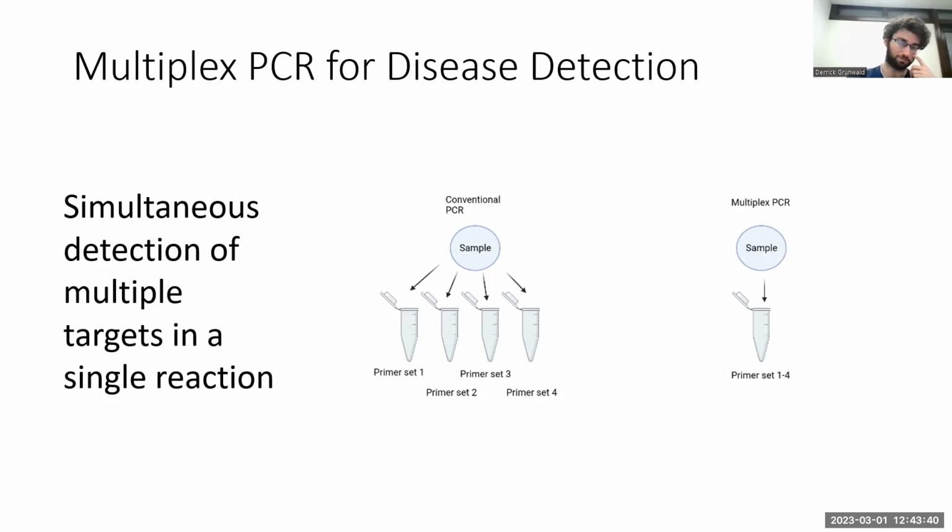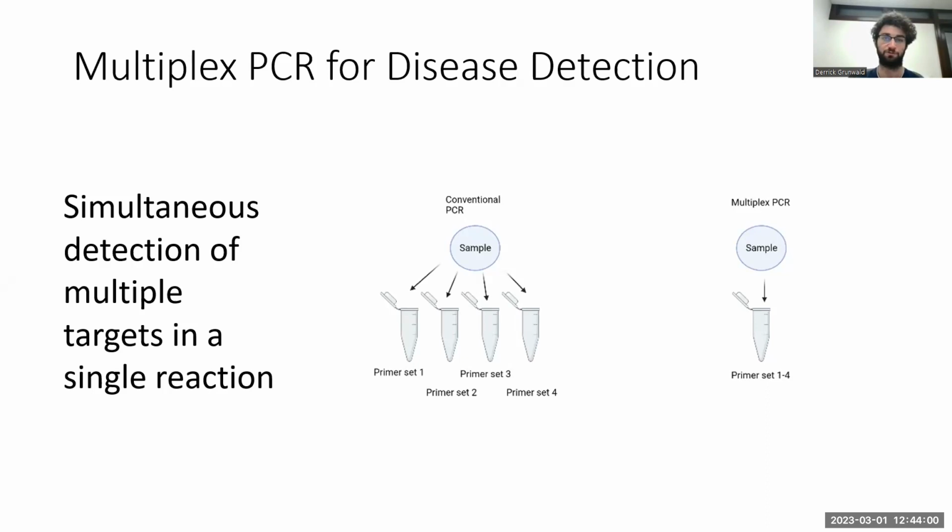So in general, in order to detect multiple diseases at one time, you can either run conventional PCRs. In this case, you would have a single sample that would be separated into 4 or 5, however many, different reactions. I'm showing 4, and each reaction would have a different primer set.